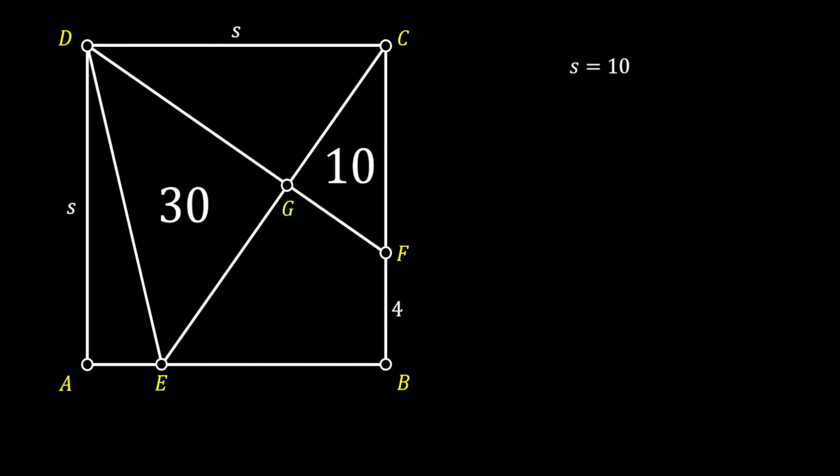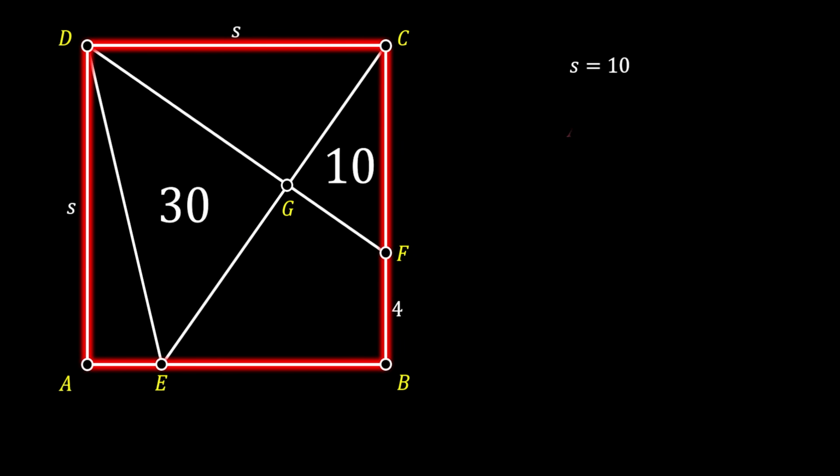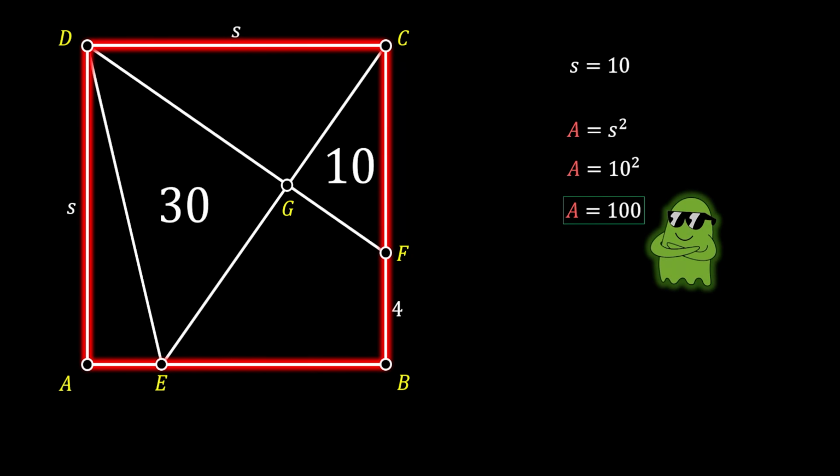Alright, so now remember we are looking for the area of the square, and the area is simply side squared. So we're just going to substitute the value of our side, and we will get that the area of the whole square is equal to 100 square units, and this is our solution.